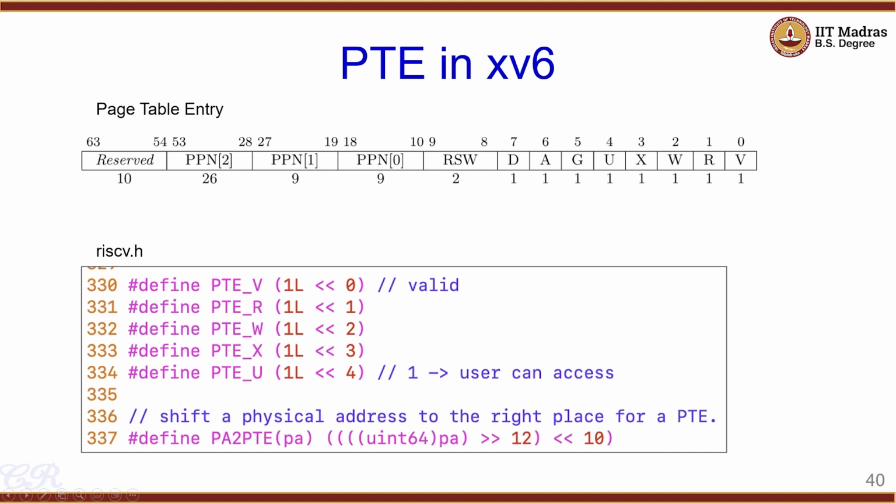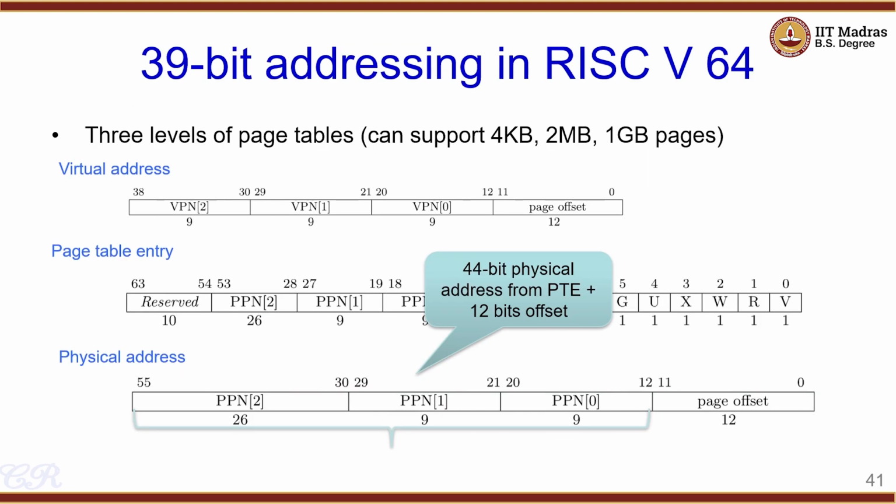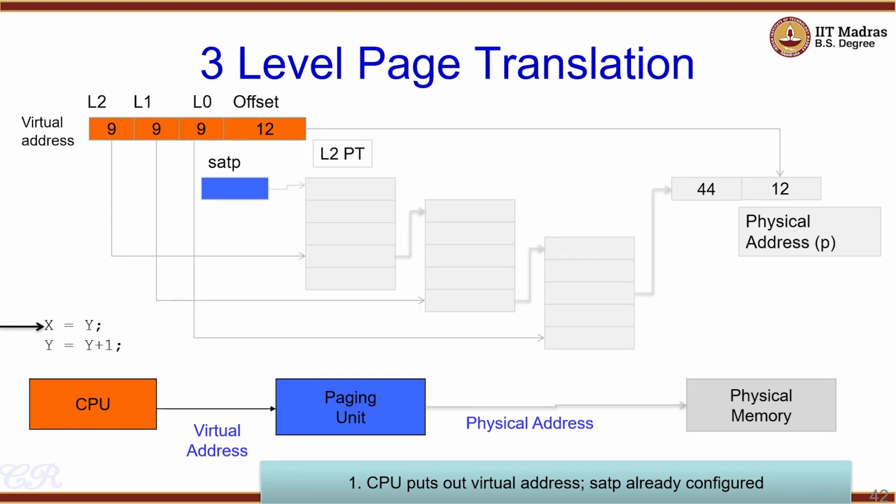So with these macros defined in RISCV.h, we can create a page table entry. As we progress, we will look at the code where the OS uses these macros to create page table entries. You could also look into the RISC-V code and see how these macros are utilized.